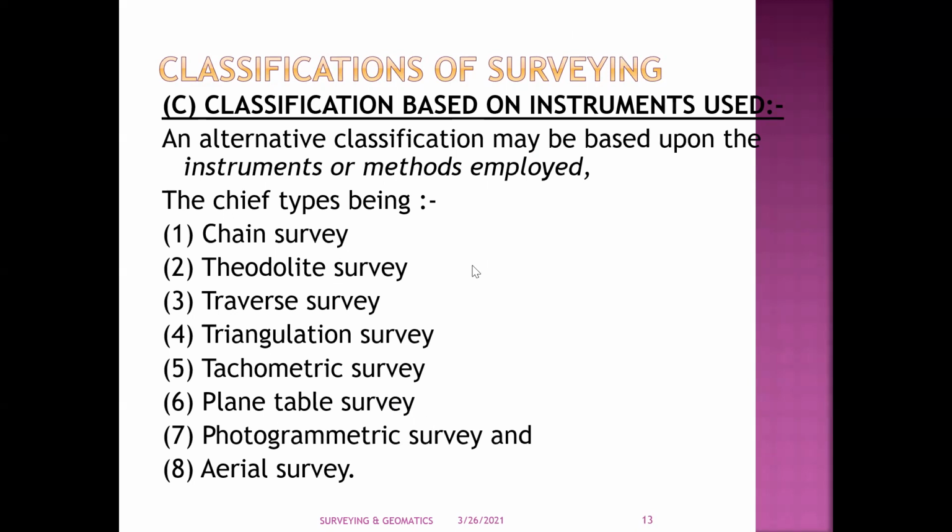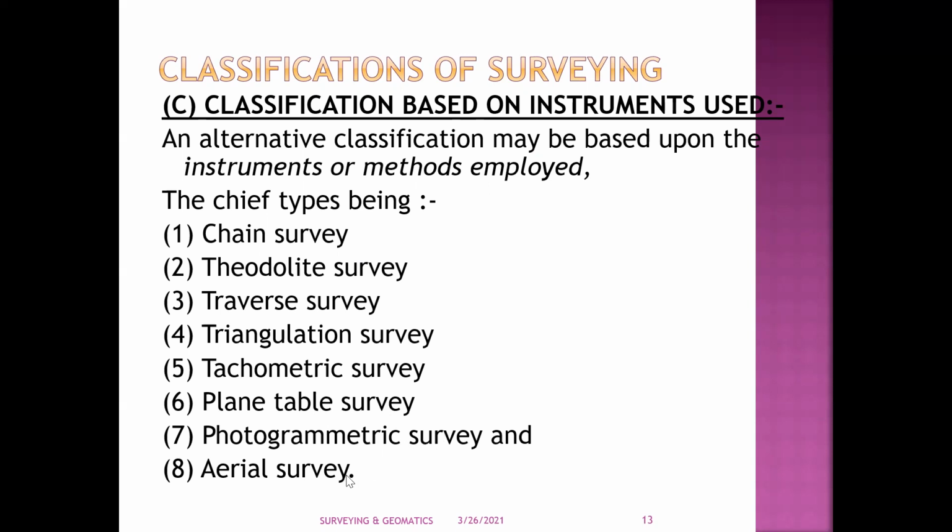In chain survey, we are using a chain, and in theodolite survey, we are using the theodolite. In traverse survey, we are using a compass or any other instruments, and triangulation survey. In tachymetric survey, we are using a tachymeter, and in plane table survey, we do the survey by using a plane table. Photogrammetric survey, so photographs, aerial photographs we are using for this surveying purpose.